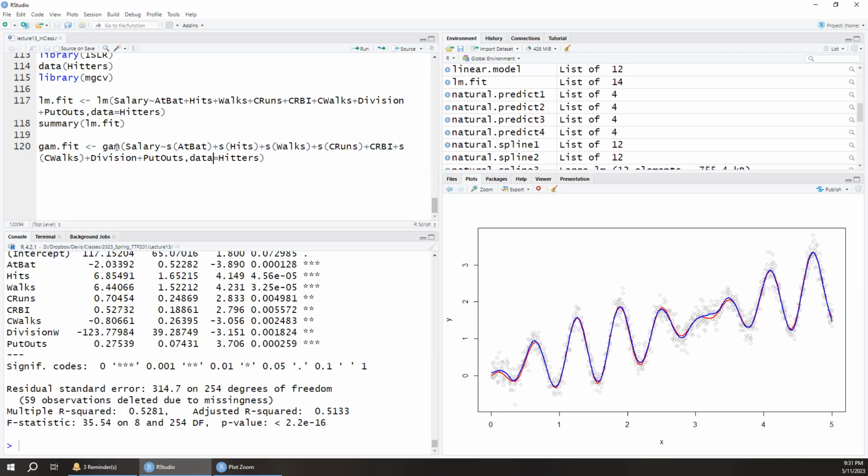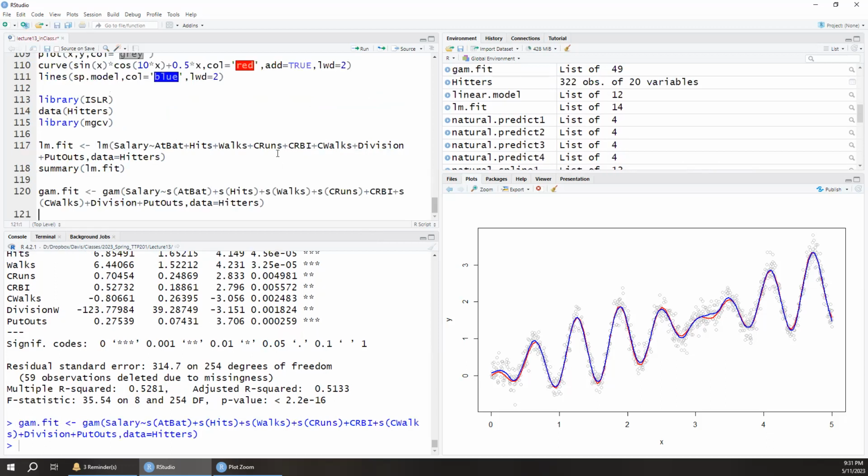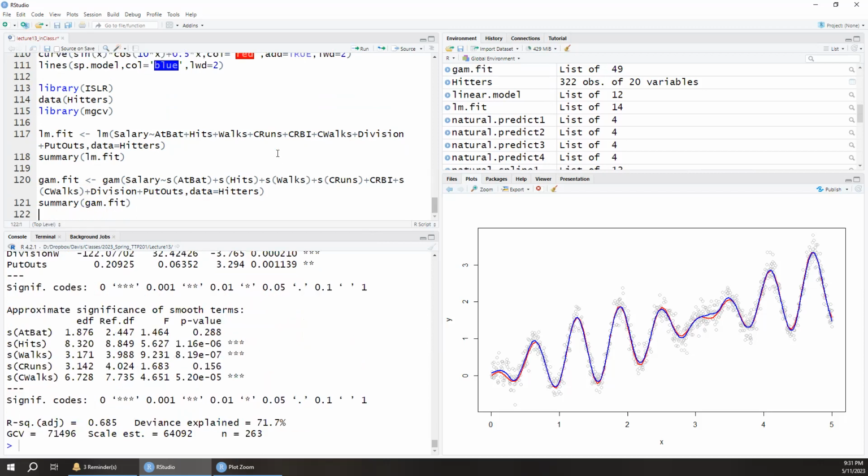And that's one of the nice things with the GAM function and with generalized additive models in general, is that I can maintain a linear functional form for specific variables, and these will actually have corresponding betas that I can interpret in the exact same way as before. So let's go ahead and take a look at the summary of our GAM fit.